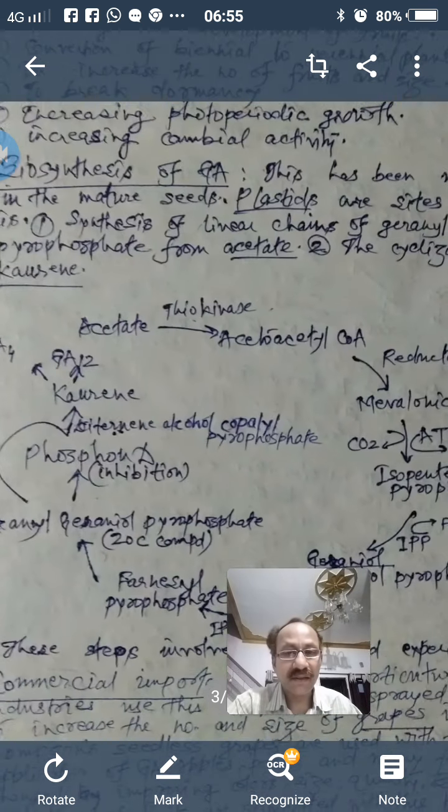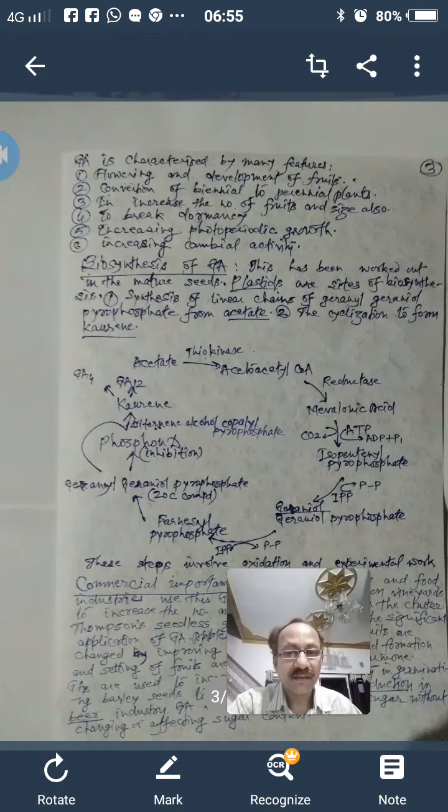One, synthesis of linear chains of geranylgeranyl pyrophosphate from acetate. Number two, cyclization to form kaurene.